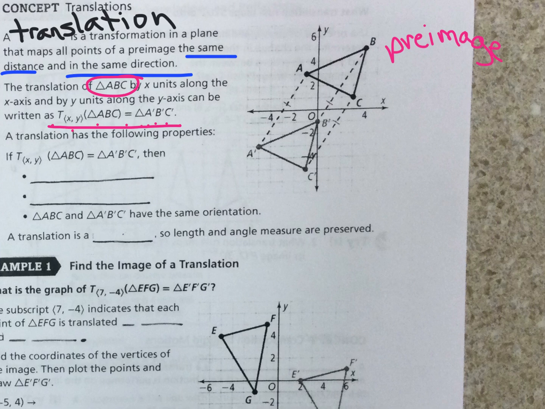So we are moving the pre-image, what is that, 1, 2, 3, 4, 4 left and 6 down maybe? So 4 left is a kind of a negative, right? So then if you look at B would be 4 left and 6 down.